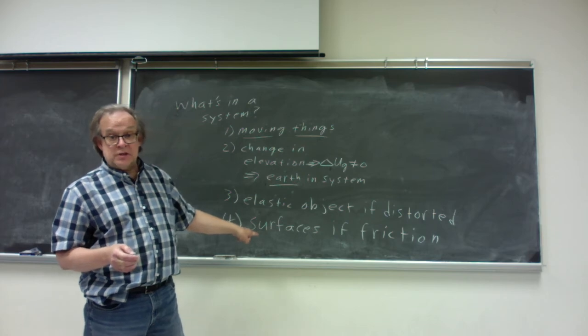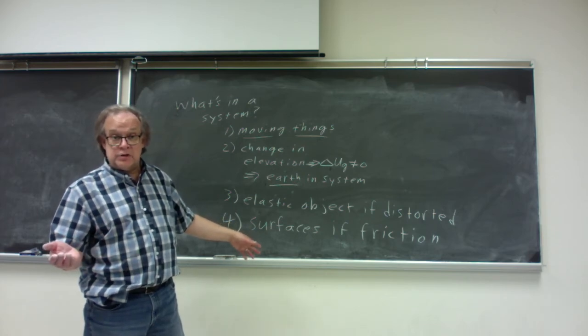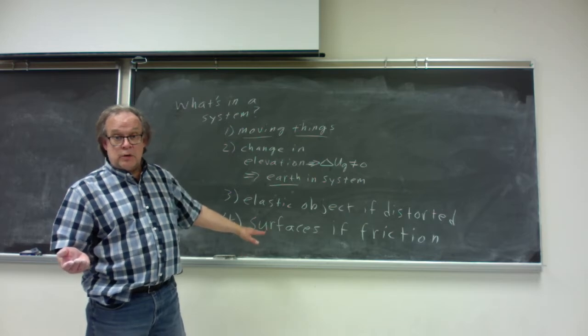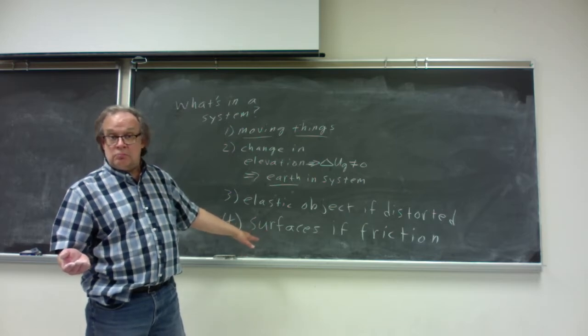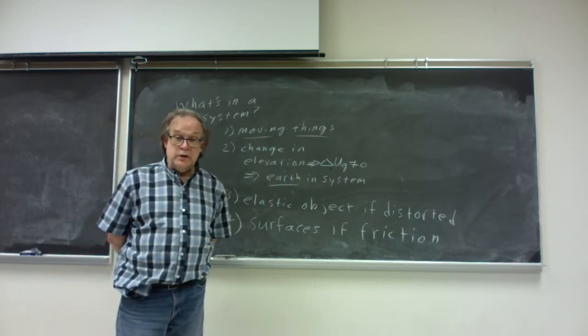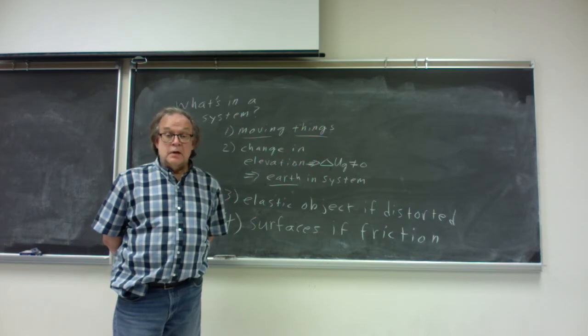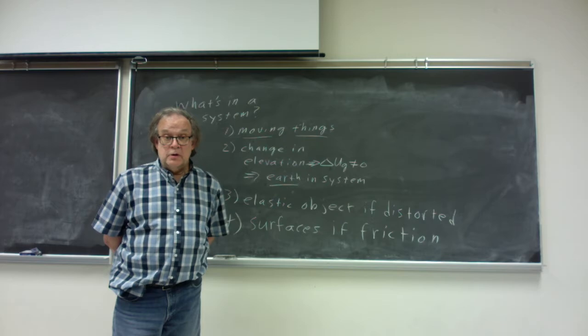It's surfaces that are feeling and applying the friction forces. So you want to be sure to include all the surfaces that are feeling friction, because those surfaces will have their thermal energy changed because of the work that's done by friction.